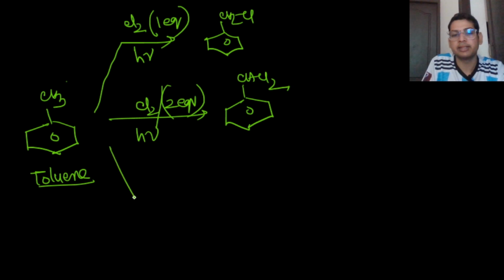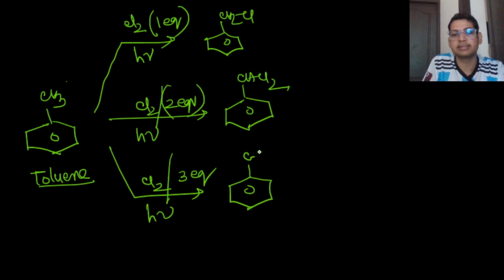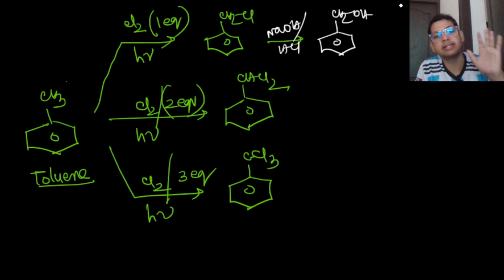Then you are doing Cl2, 3 equivalent in presence of h nu, then you will get CCl3. No problem. Then you are doing hydrolysis, NaOH, HCl. Then you get the benzene ring with CH2OH. No problem, it is stable because chlorine is substituted by the OH group.